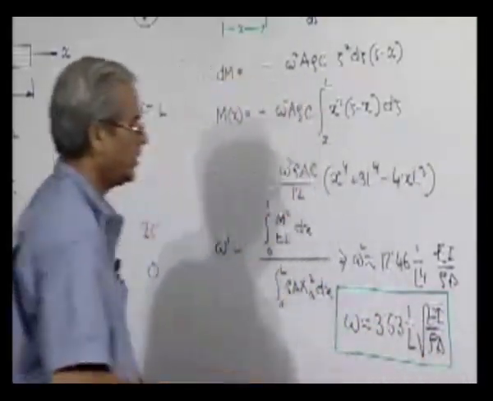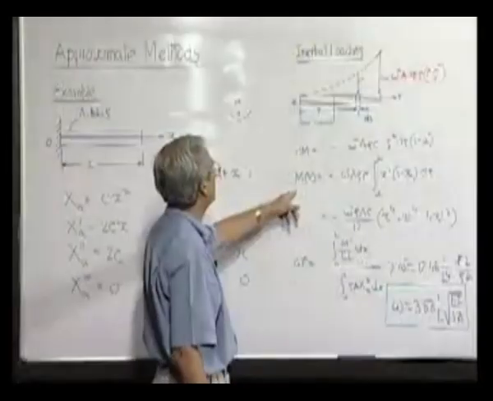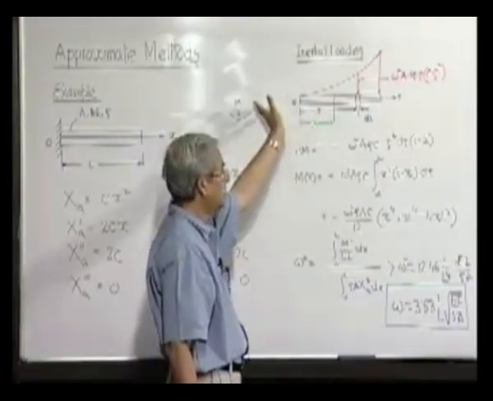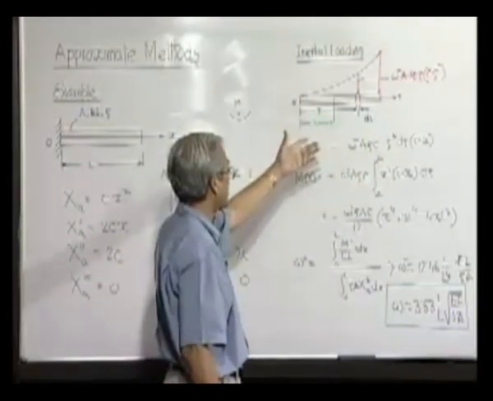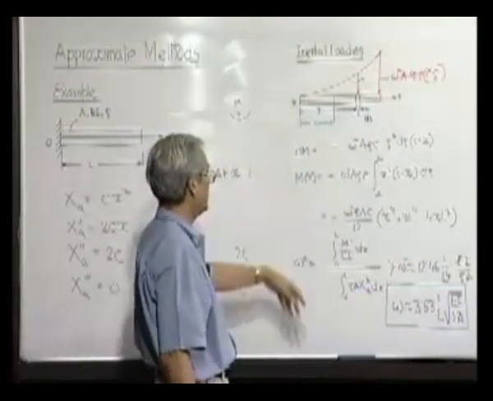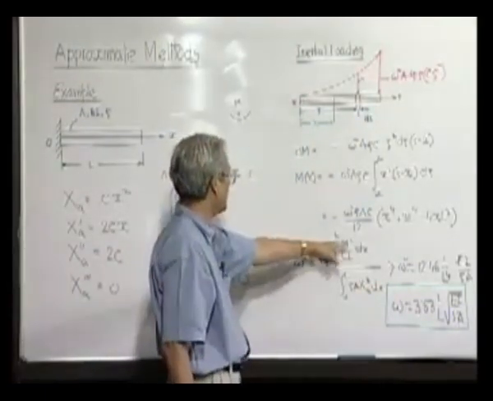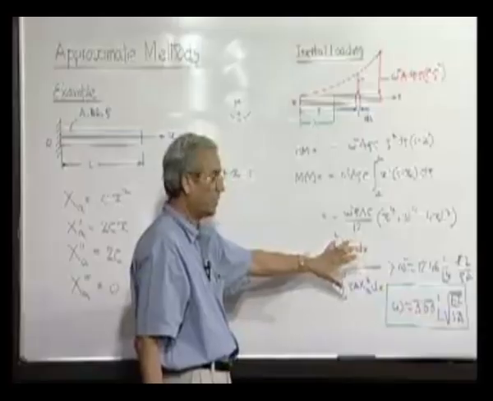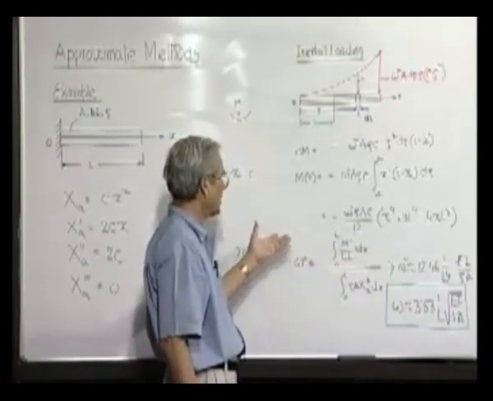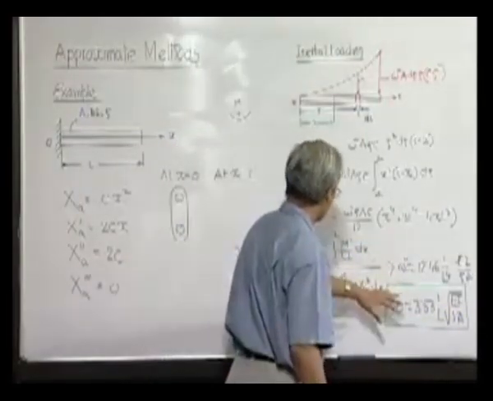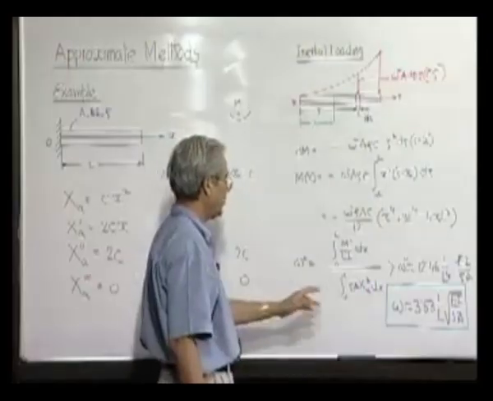That means we find the moment at x due to the inertial loading caused by an assumed deflection xa, and substitute it in the original equation of Rayleigh, and then solve the equation for omega square, because omega square will be on both sides, and we get this.